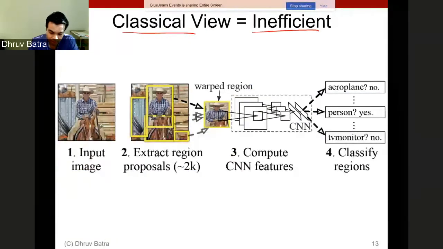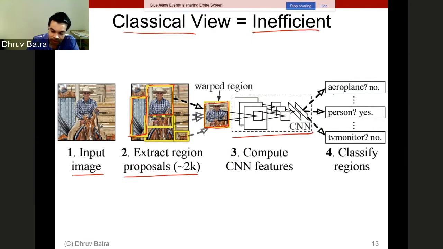One of the classical ways of converting an image classification problem into a detection problem is a pipeline where we take an input image and extract region proposals, which are bounding boxes in the image that may potentially contain an object. These are then cropped and warped to a fixed size and fed into a classification CNN that gives a score for airplane, person, TV monitor, and then you ultimately make a prediction for whether this is an object or not.